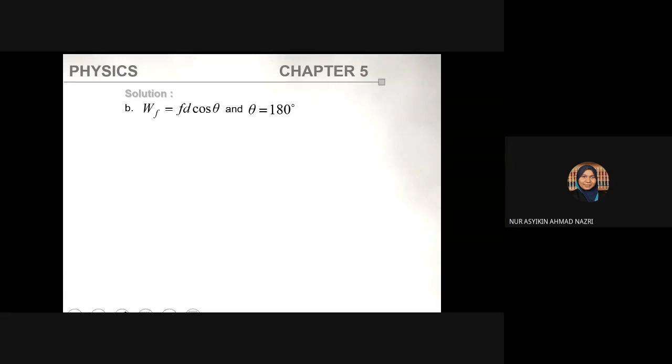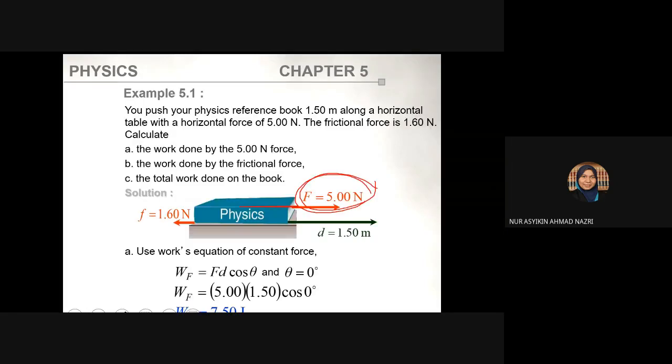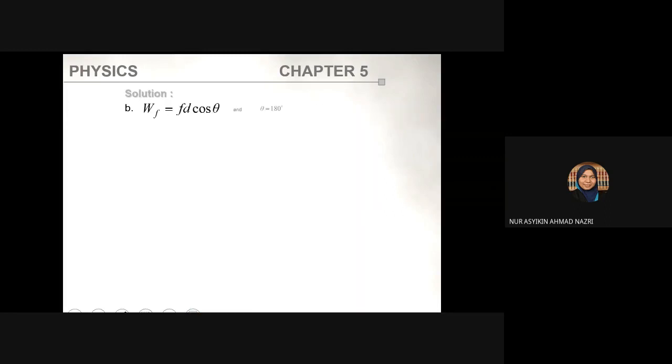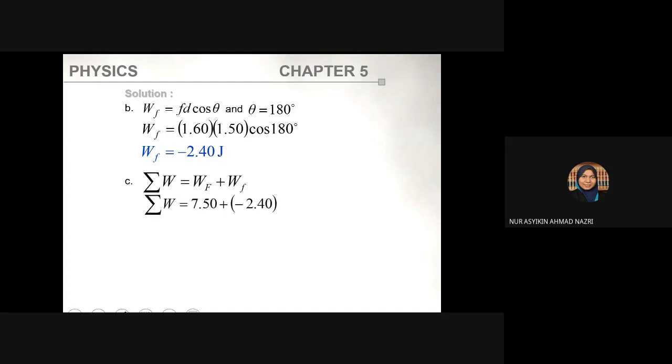And then dia nak apa? Total work done on the book. Then we need to total up those two forces. Okay, or kita dah kira salah satu tadi. Total work done dia, ataupun we can use this F net saja.